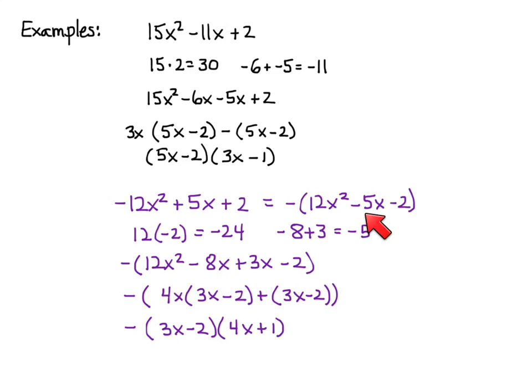I'm going to replace this -5x with -8x plus 3x. So I haven't changed anything. This negative is still factored out. If I distribute this, I'm going to end up with a -12x squared here, and I don't want that. I want to keep this x squared term coefficient positive, so I don't distribute it.